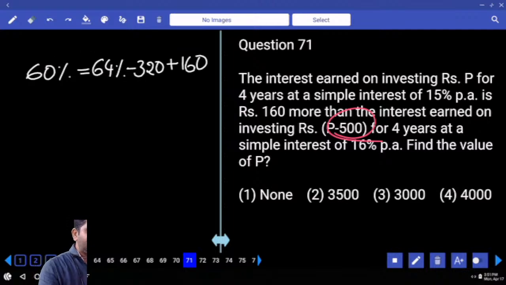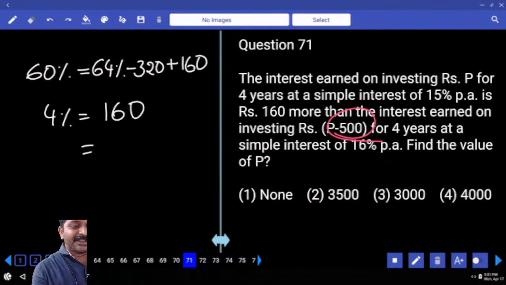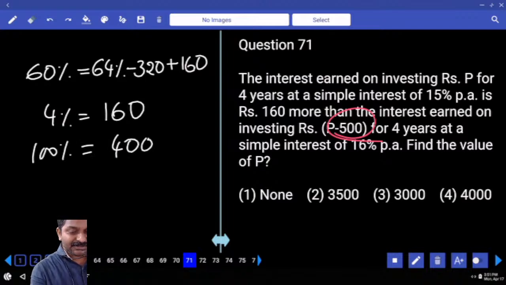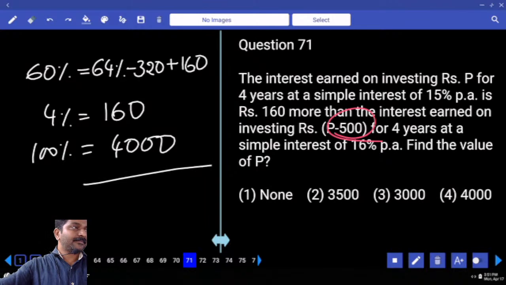Difference of percentages, 4%, is equal to the difference of these two. What is the sum of these two numbers? Minus 320 plus 160. Minus 160 goes to the other side, becomes plus 160. From this, what is the 1% value? 40. 100% value, 2 zeros, 4,000. The question is to find the value of P, which is 100%.